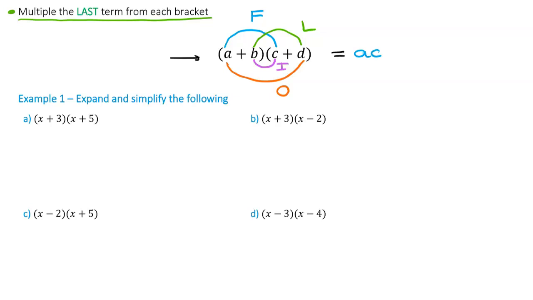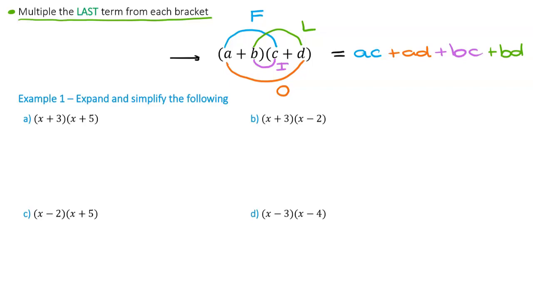And then when we do the outside, that's A times D, positive A times positive D, so plus AD. If we do the inside now, that's plus B times C, so plus BC. And when we do the last, B times D is plus BD. So that's the process we're going to apply each time.